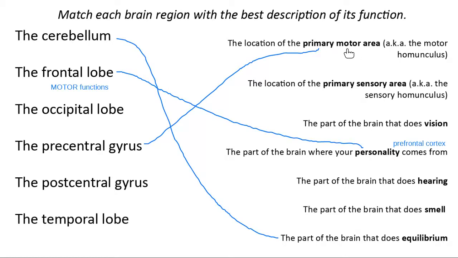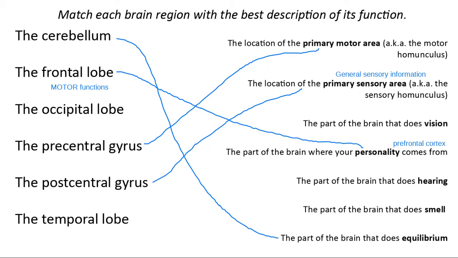Okay, while we're talking about these gyri, let's toss out too that the post-central gyrus is going to be the place where we have what's called the sensory homunculus, or the primary sensory area of the brain. Now, here's some terminology that we're going to talk more about in the last unit of our class. The post-central gyrus with that primary sensory area collects what's called general sensory information.